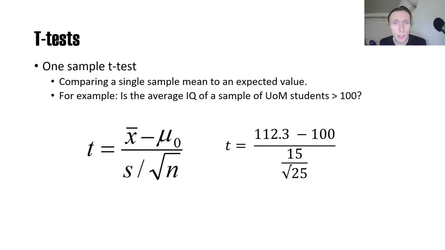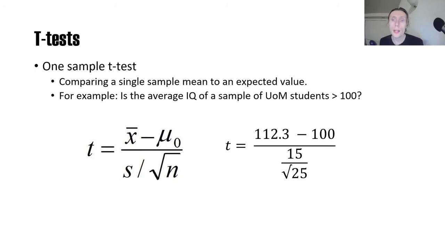Now let's say I collect the data from 25 students, and those 25 students had IQ scores ranging from 100, 101, 105 to 120 plus, and so on. I take the average of that, and I find that on average those 25 students have an average IQ score of 112.3.